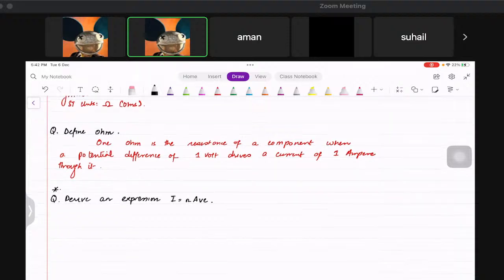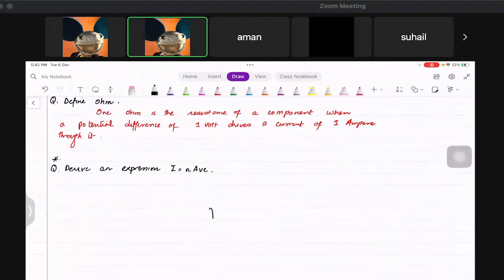So suppose we have a wire which has a cross section, I'll write it like this, A, and the wire has length L, and through the wire current I is crossing.